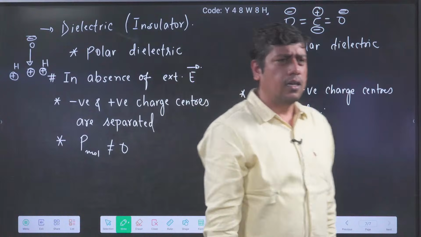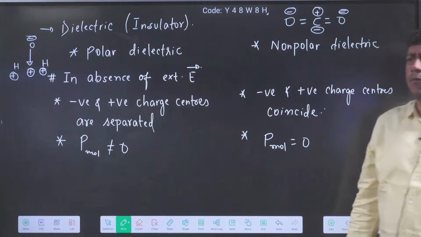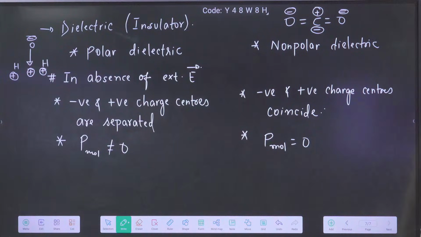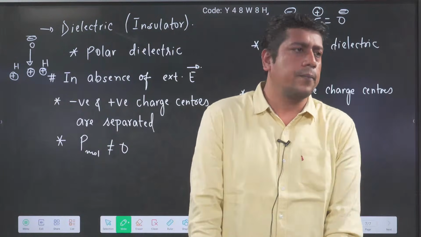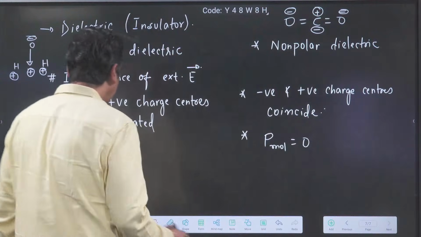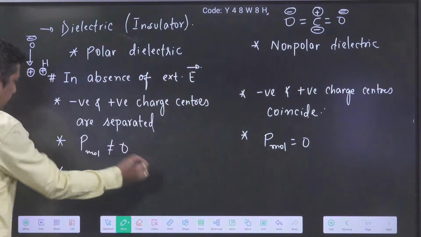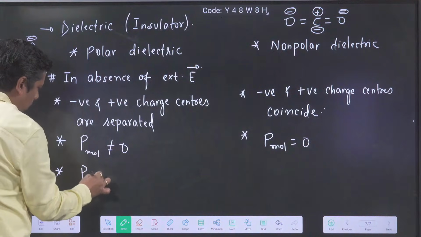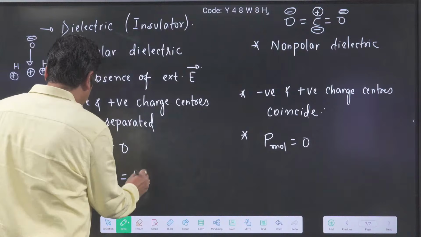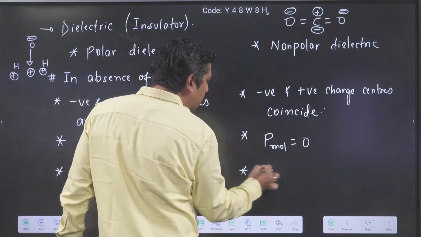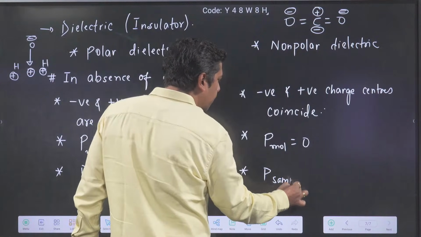I think you have gone through this in chemistry, polar molecule, non-polar molecule, correct? But this is valid in the absence of an external electric field. Now, sir, if I take a sample, then the dipole moment of the sample is 0.